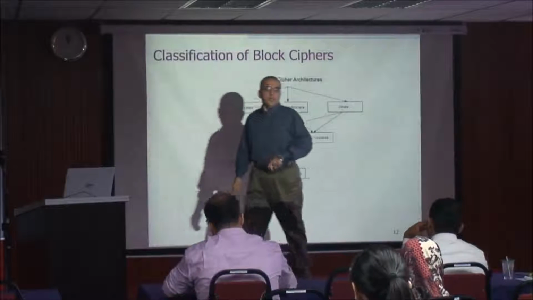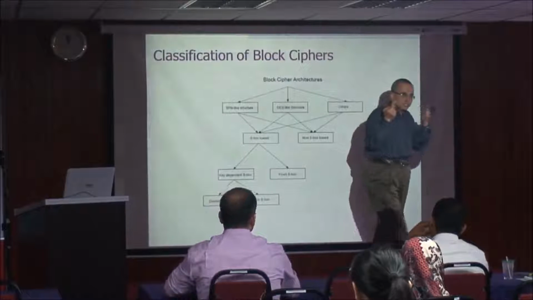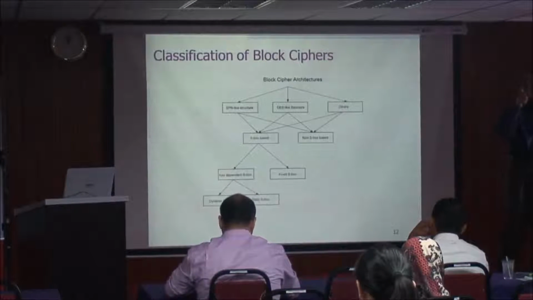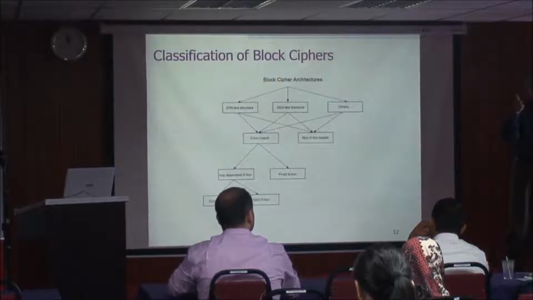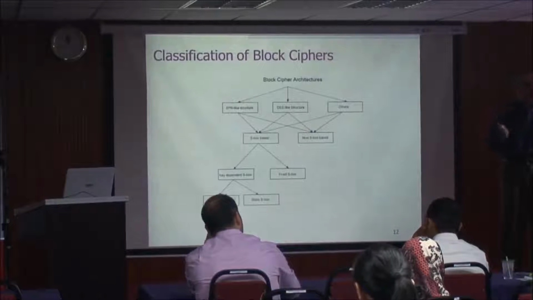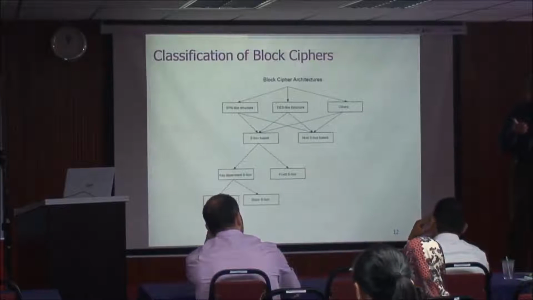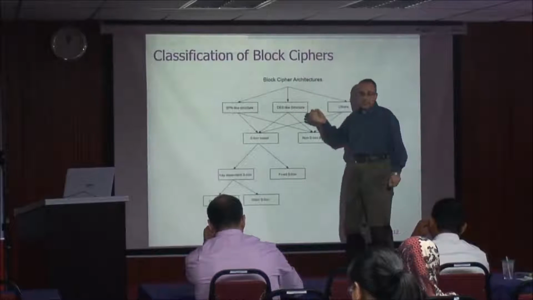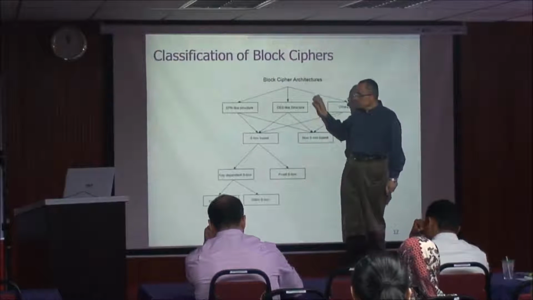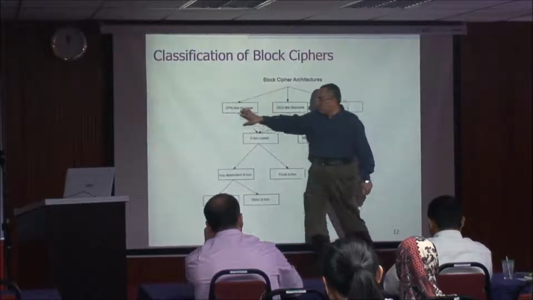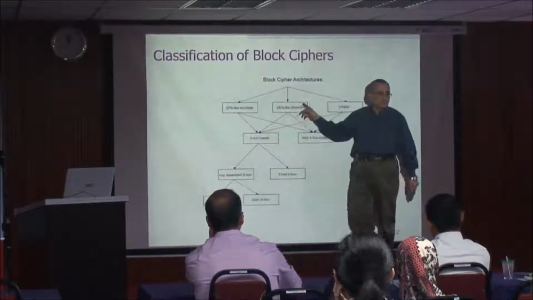I showed you two structures for block ciphers. One of them is called the Substitution Permutation Network. The other one is called the Feistel structure. This covers pretty much 99% of any block cipher you can see. If you would like to classify block cipher architectures, 99% or even more of them fall into these two classes, the SPN or the Feistel structure.